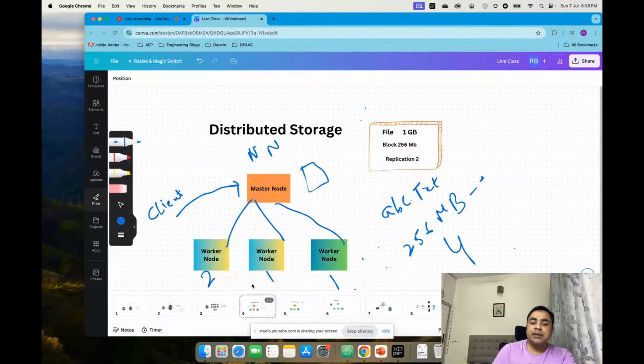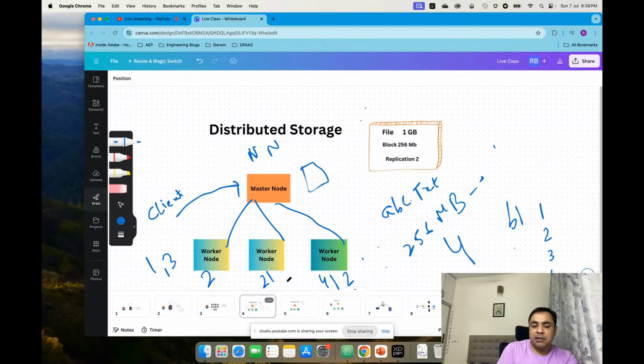What does it mean? We would have one copy here, and one more copy would be there. For example, say you had blocks 1, 2, 3, 4. Initially, 1 and 3 were stored here, and 2 and 4 were stored here. Now you have to maintain another copy, so maybe 2 would be here and 1 would be there.